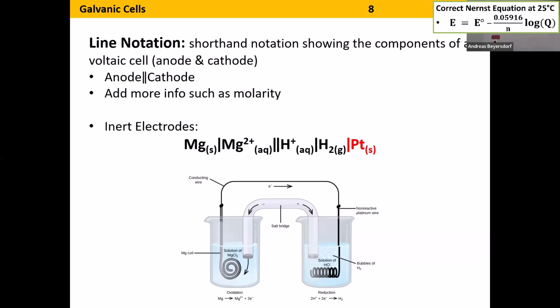So in this case, we have magnesium, and magnesium 2 plus, that's our anode. And here we have H plus going to H2 at the cathode. But H2 gas, you can't make an electrode out of because it's gas. So what do we have there? We have platinum, and we signify that by having a third line. Questions?